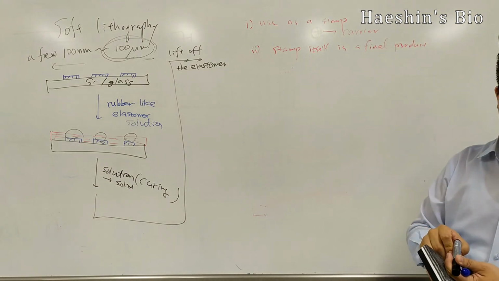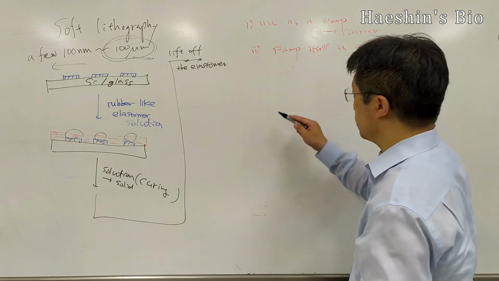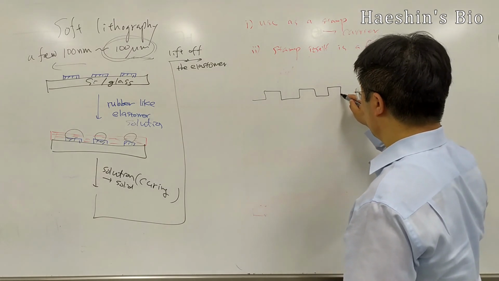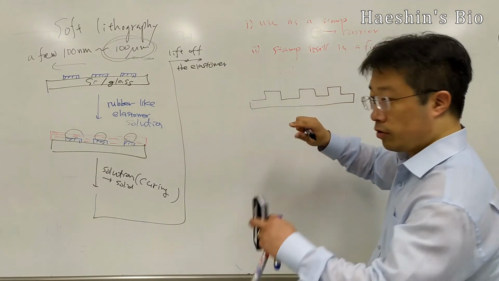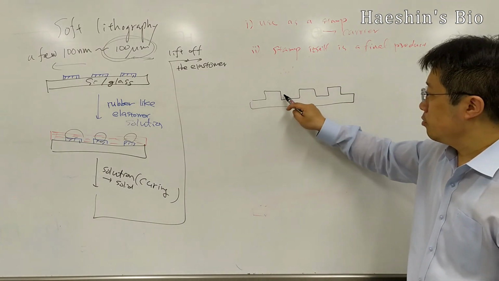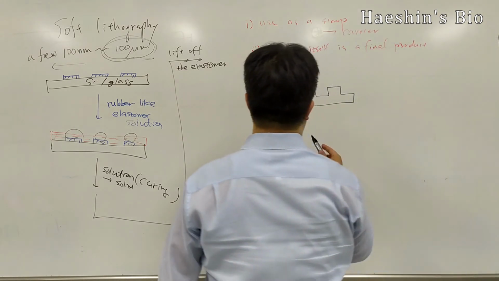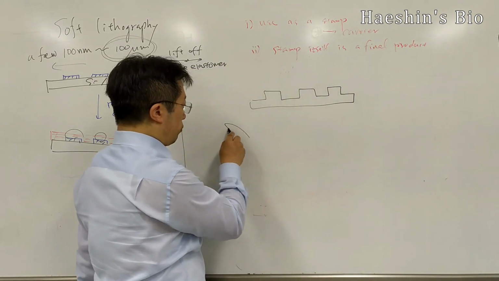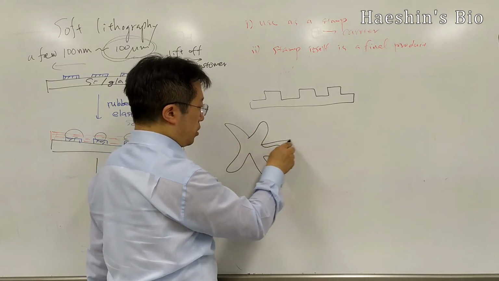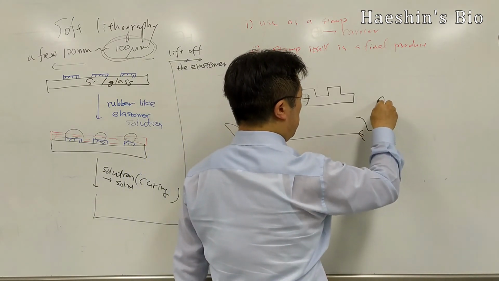This is a different case. Okay, so say you have this stamp, for example, and previously I made it upside down, but now it's the right way. So we use this as a final product because in some cases, say you have a neuron, for example. This is a neuron cell and this is a dendrite, and there are other neuron cells here.